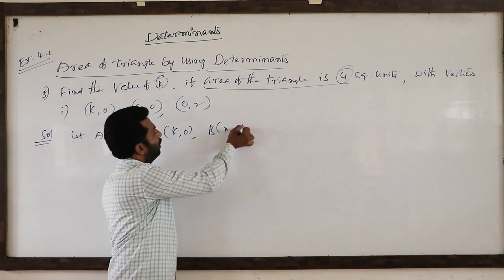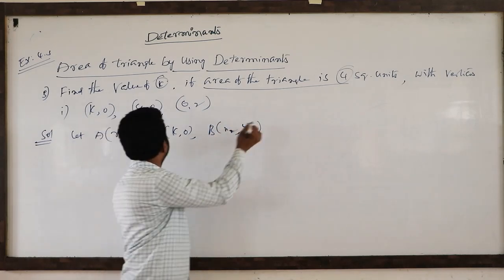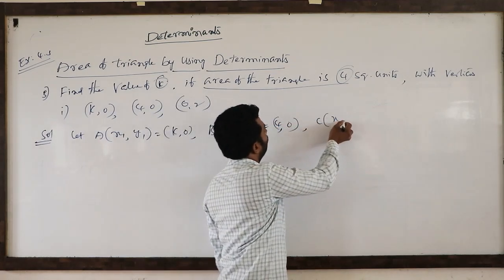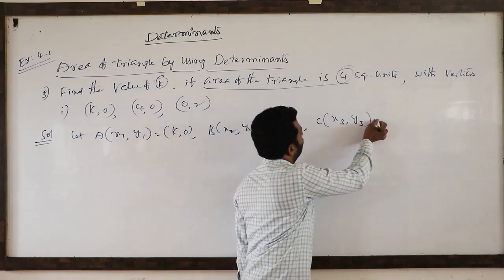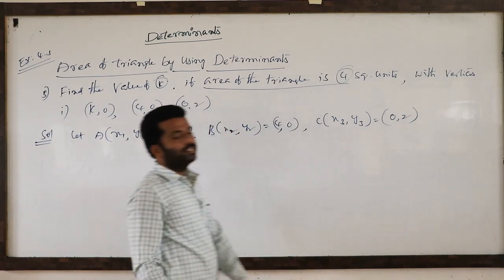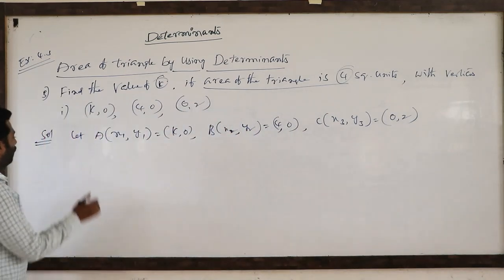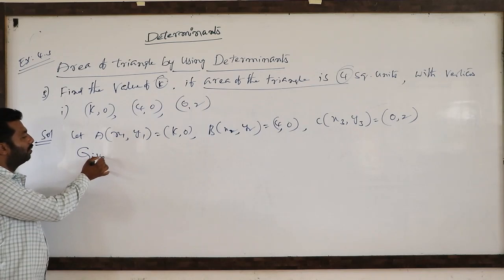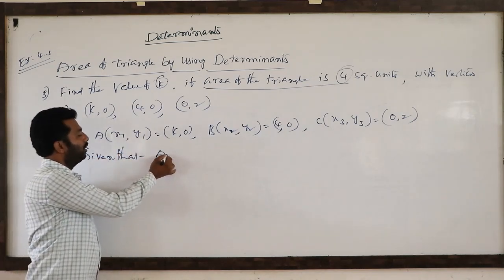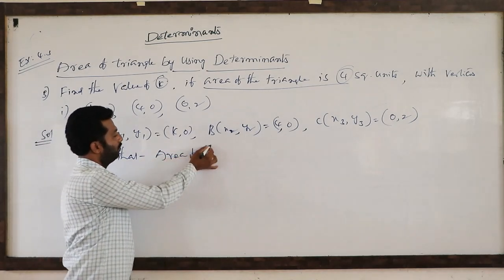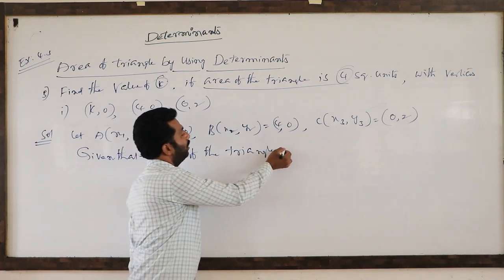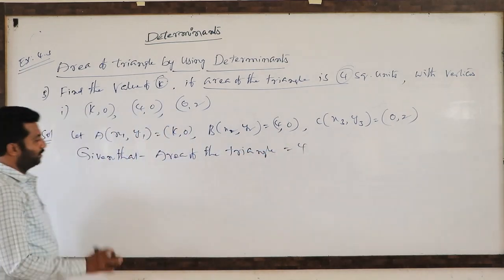B, x2 comma y2 equals 4 comma 0. C, x3 comma y3 equals 0 comma 2. These are the vertices. Given that the area of the triangle equals 4 square units.